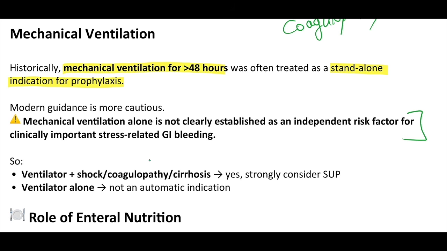Now, mechanical ventilation with severe illness, potentially. Mechanical ventilation with shock or coagulopathy or liver disease, yes, certainly. But mechanical ventilation alone is not an automatic indication, at least per the best evidence that we have. So that's probably a big change depending on where you work and what exposure you've had. There are a lot of units out there that still use mechanical ventilation for more than 48 hours as a blanket indication for stress ulcer prophylaxis, and that's veered away from the evidence that we have.